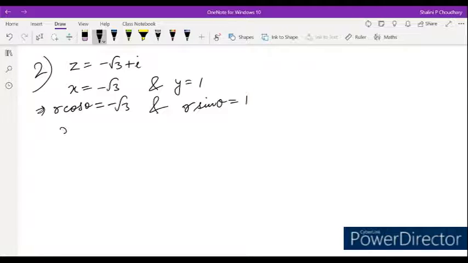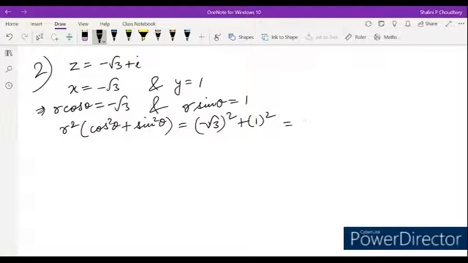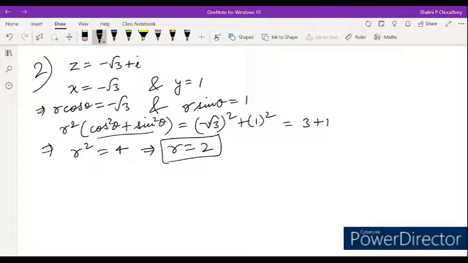So we'll get r square times cos square theta plus sin square theta, equal to minus root 3 whole square plus 1 square. This will be 3 plus 1. So r square will be 4, and it means the value of r will be 2. Okay, so we got the value of r again as 2.